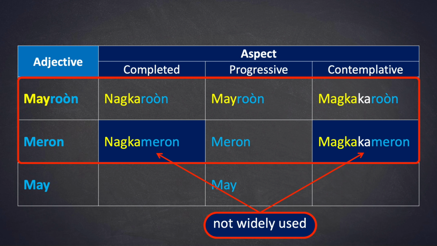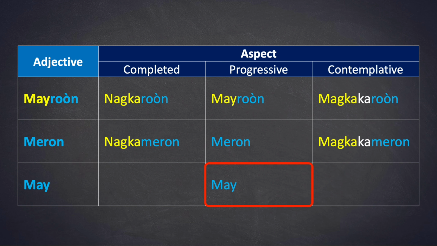Thus, they are not widely used across the Philippines. May stands alone in the present. You can't use it to describe something in the past nor in the future. In this video, I will tackle mayroon, meron, and may in the present or in the progressive aspect. I will tackle the completed and contemplative aspects in another video.